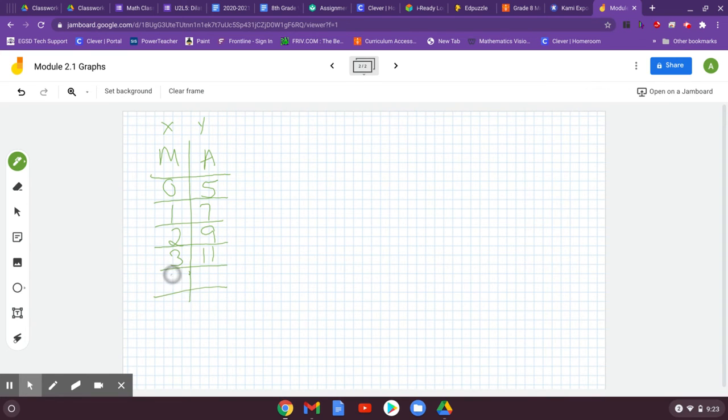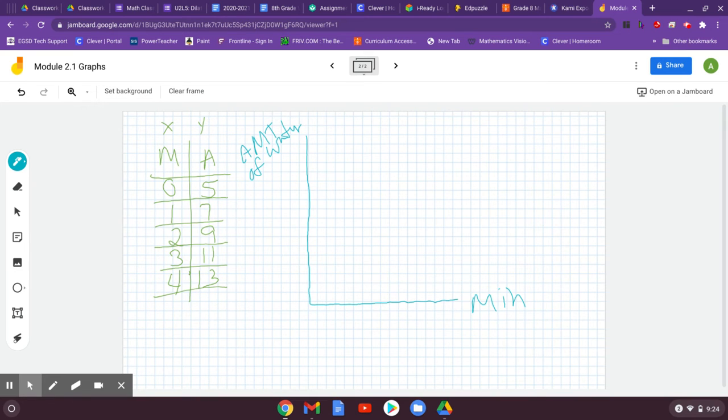Let's go one more. 4 plus 2 is 13. So when I go to make my graph, again, I'm going to follow my grids, do my best on that. This is minutes. This is amount of water.